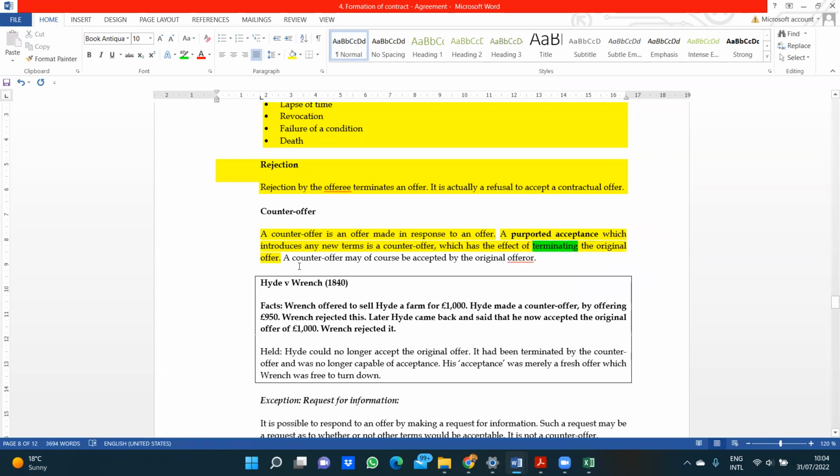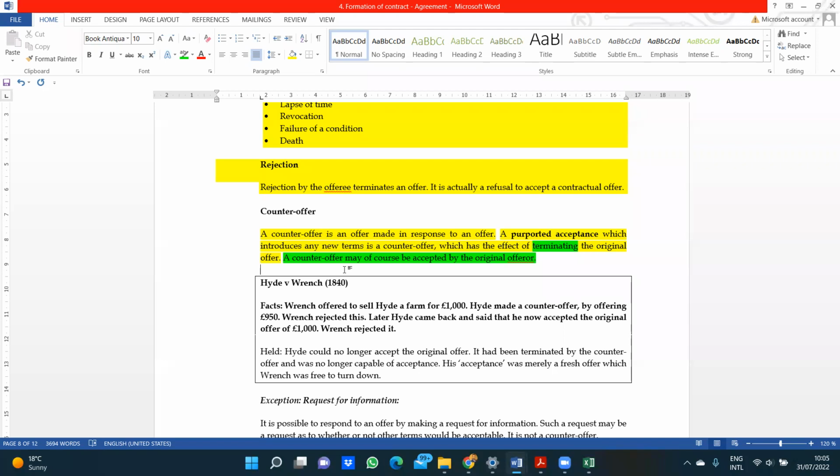A counter offer may, of course, be accepted by the original offerer. Even if there is a counter offer, this can be accepted, all right, and it can be rejected as well. Again, a counter offer is an offer which is made in response to another offer. It involves that the original offer is terminated and a new offer is made by the offeree, who now becomes the offerer, to the original offerer.